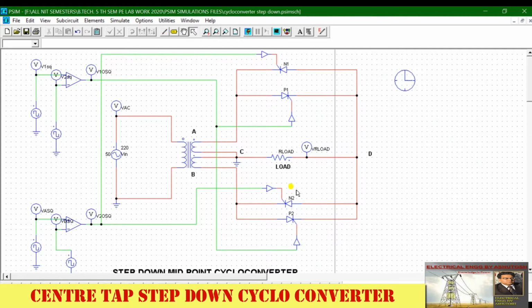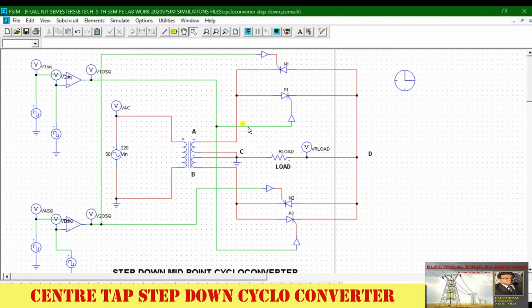Now I have made a trigger pulse circuit from this diagram, where square wave generators are connected to comparators. The upper half gate triggering pulse is connected to the gates of P1 and P2 through an on-off controller.